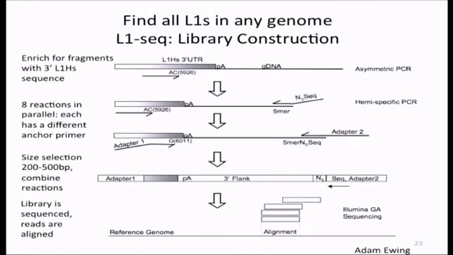So he runs a PCR between those primers, 8 different reactions. Then he takes those 8 reactions and runs another set with the G-specific primer close to the 3' end of the element. Then he does a size selection, combines the reactions, does Illumina sequencing, and looks for regions of the genome where these sequences align to a potential non-reference L1.